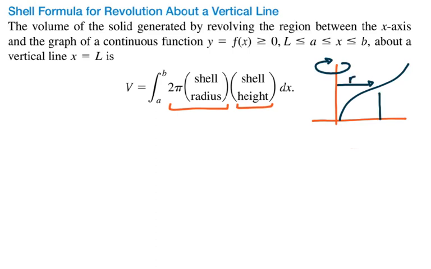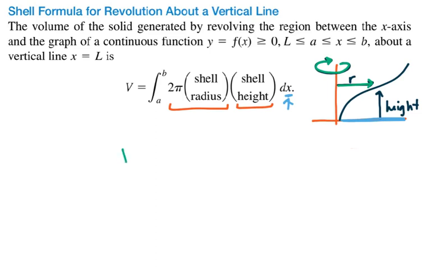And then the height is going to be measured up from the x-axis. This is my x-axis. So the height is always perpendicular to the variable of integration, and the radius comes out from whatever you are rotating about. That's always going to be the setup.